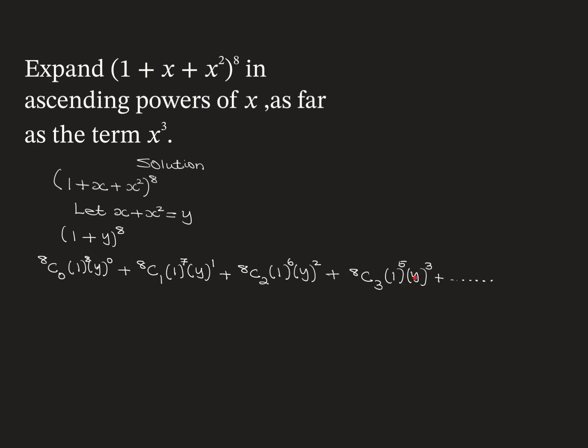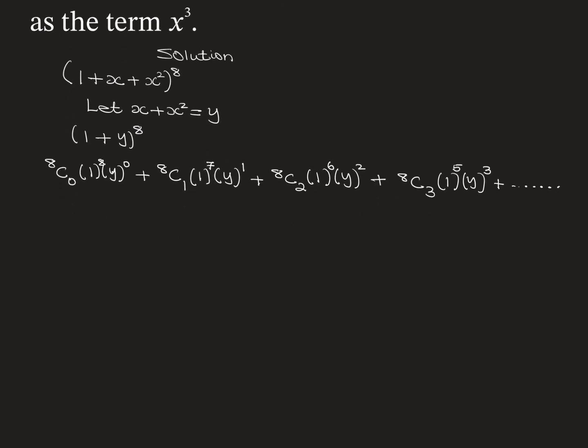So if we have y to the power 3, that is the point where we need to stop. Remember we've already said that y is equal to x plus x squared. So when we reach y to the power 3, we can stop. We don't need to expand up to the last point.